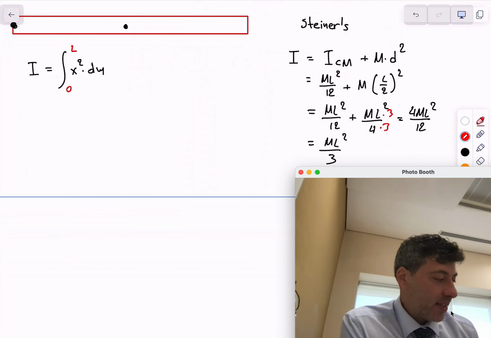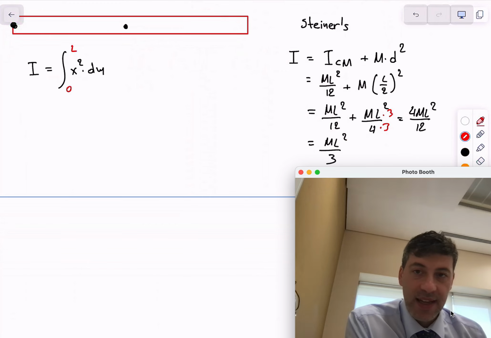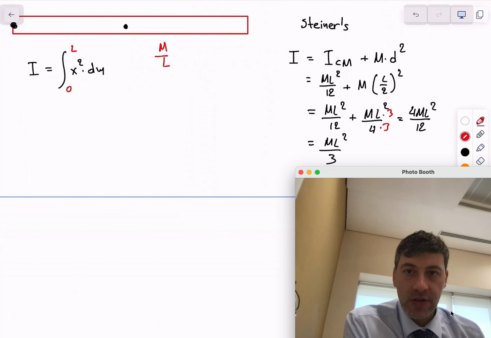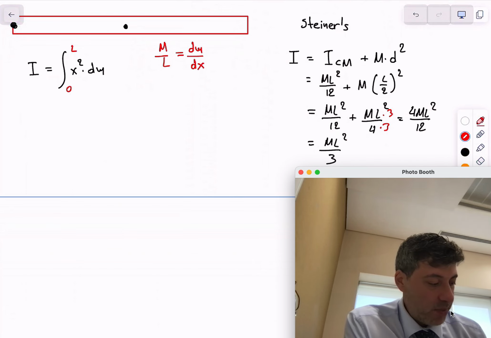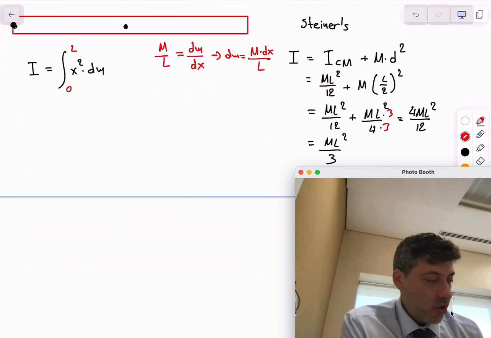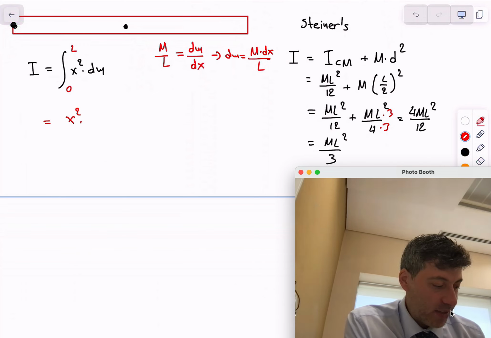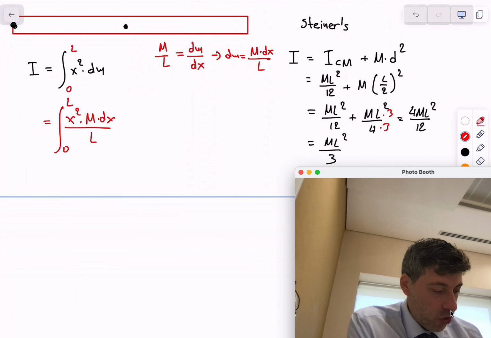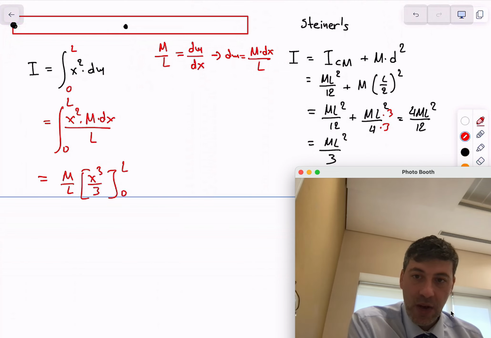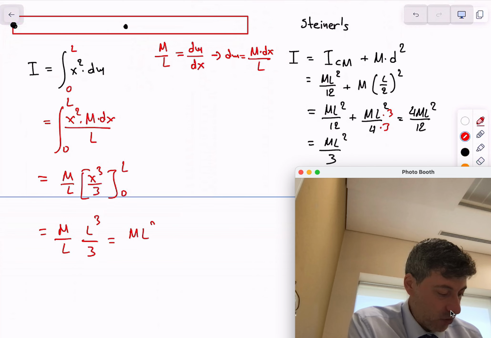And again we apply the same method. We say that the linear density is mass over the length of the rod, and this is also equal to dm over dx, and this means that dm is equal to m times dx over L. So practically we have the same integration, x squared times m dx over L, but the limits are from 0 to L. So we bring m over L, x to the power of 3 over 3, with limits from 0 to L. This means m over L, L to the power of 3 over 3, so mL squared over 3.